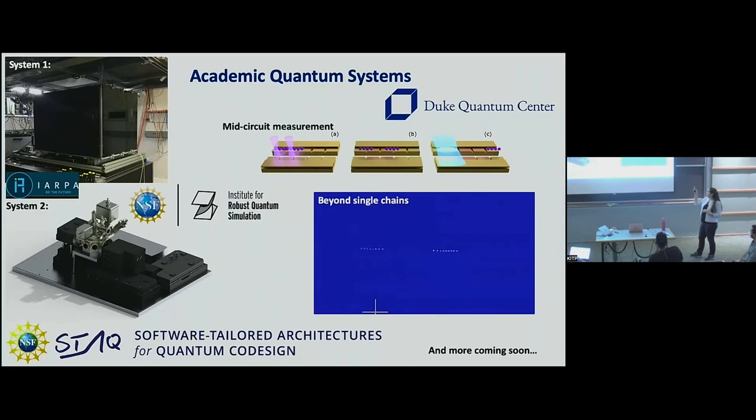We start here and there's two, then it gets split again, and then we can bring them back together. The really cool thing about ions is that we can move them around in the trap. They're charged particles, so we can push them around with electric fields. We can rearrange them and regroup them. This creates a different kind of modular architecture that we're going to start exploring in our next systems.